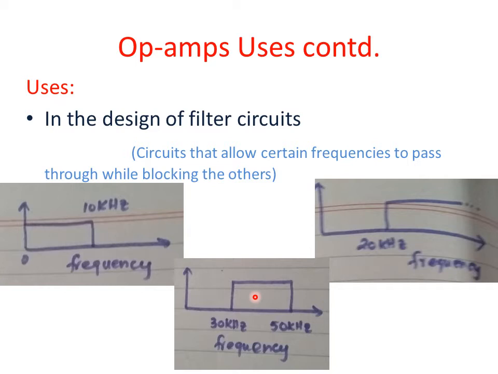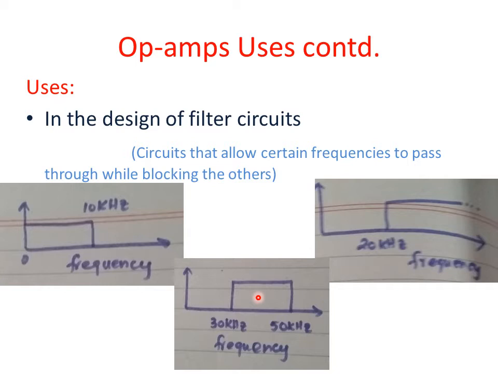An example of this can be your old radio devices, because in radio devices we actually select our specific channel, of FM for example. How does our device select the specific channel?